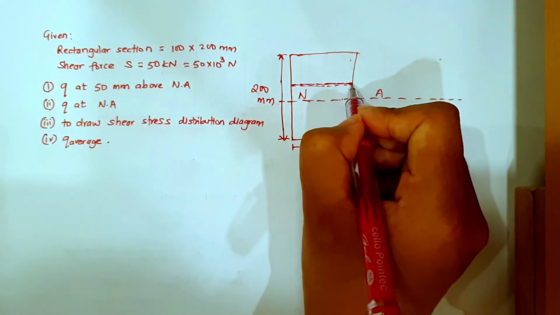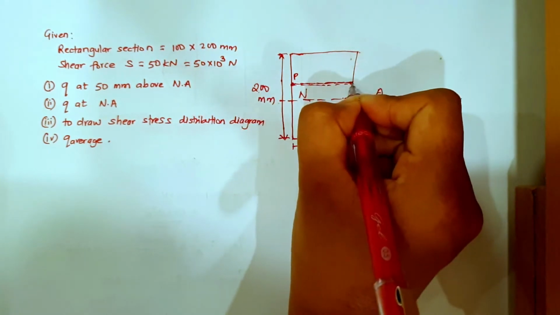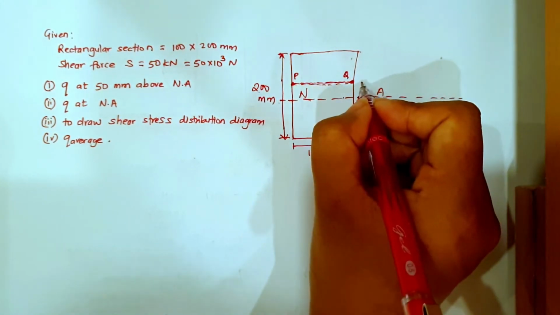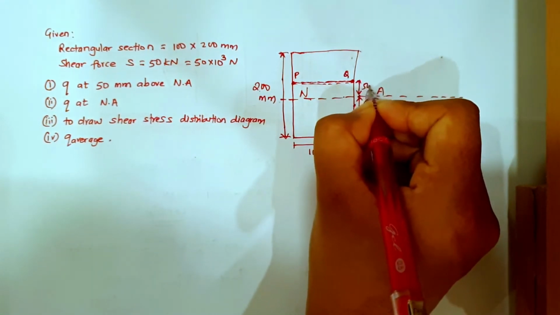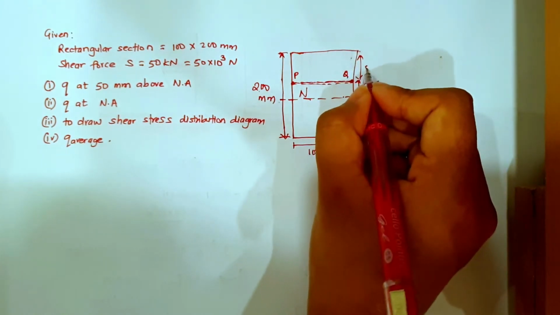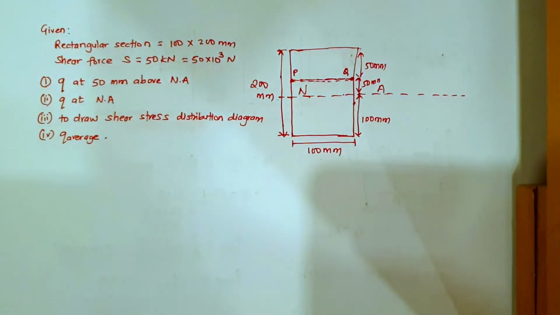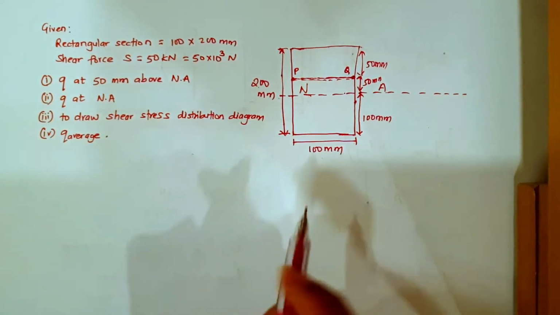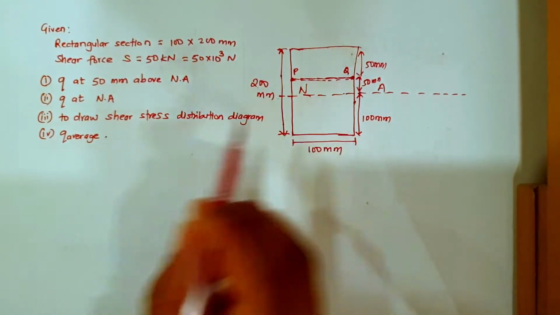So let me name this point as P point here and this point as Q point. Okay, so we need to find shear stress at this point. So I'll say this much is 50 mm and the remaining is 50 mm. So the total becomes 100. Okay, so let us first find shear stress at this point, 50 mm above the neutral axis.